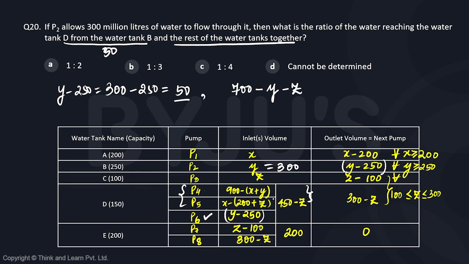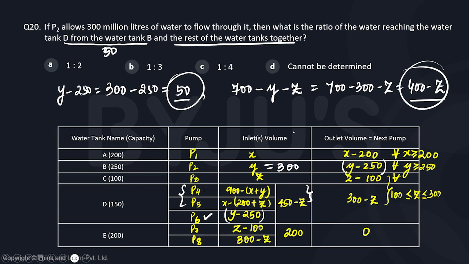X will cancel out because x is common. So this is going to result in 700 minus 300 minus z, which is going to give us 400 minus z. Now, since we don't know the value of z, z can be anything from 100 to 300. So the ratio of 50 and 400 minus z can be a lot of different cases. So hence the answer is going to be cannot be determined.